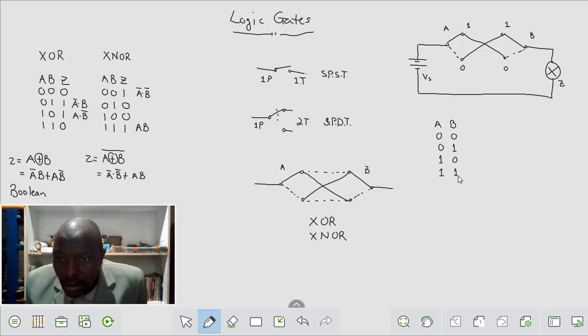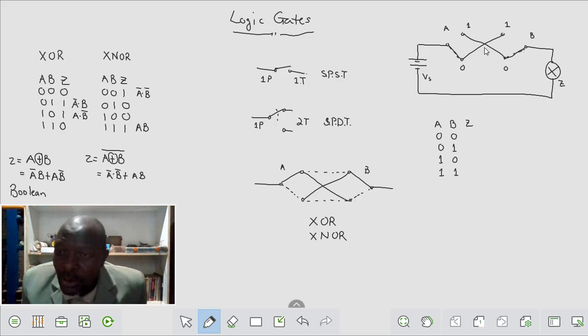If these two switches are on 0, 0, then the connection will be 0 and 0.